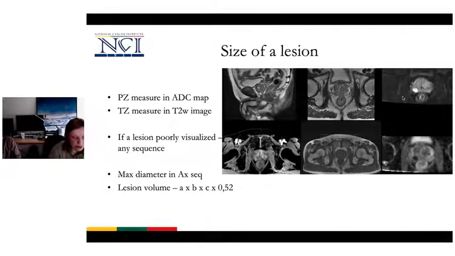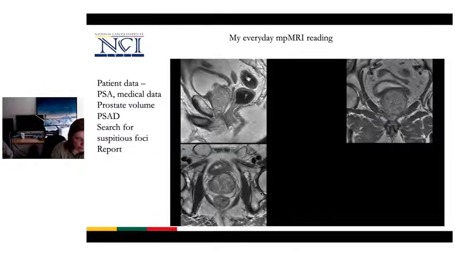But if it's poorly visualized on some sequence because of artifacts or adenomatous nodes, then you can measure in any sequence. And of course, you can calculate lesion volume, which is calculated with a very similar formula to the one we use to calculate the prostate volume itself.